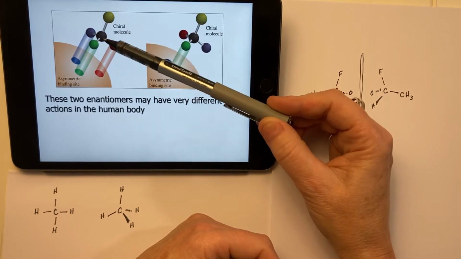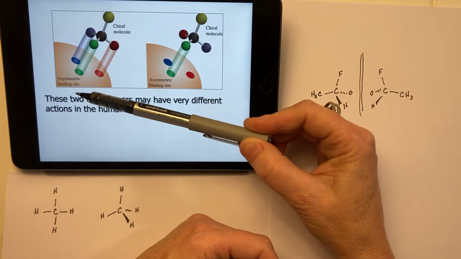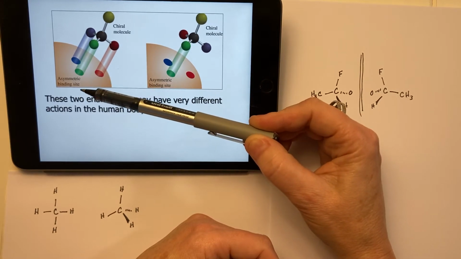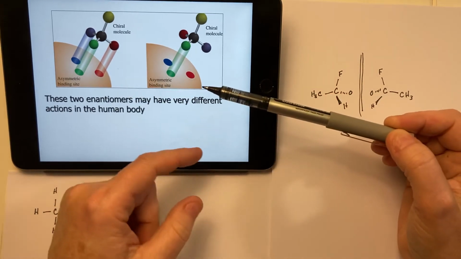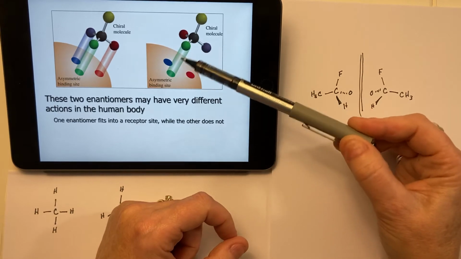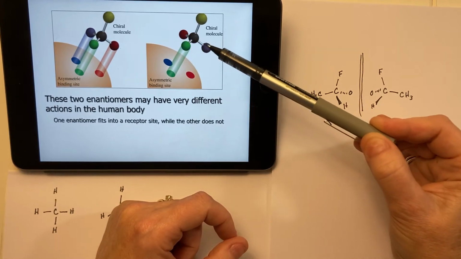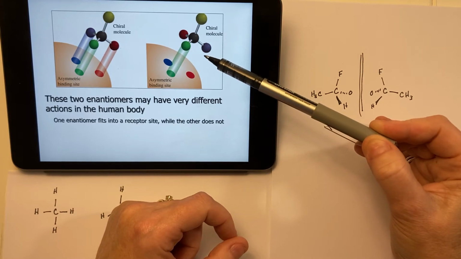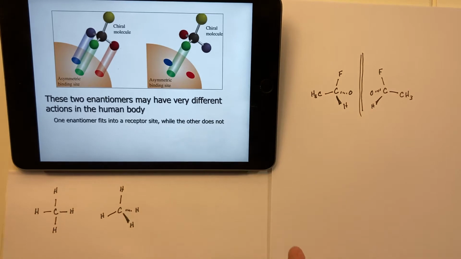So maybe you have one enantiomer that binds in a site in the body, like an enzyme site, and it does some kind of physiological effect. Whereas the enantiomer, the mirror image of that, may not have that effect because it just doesn't line up properly. There's a different atom placement here. It's an isomer. So this could have some consequences.